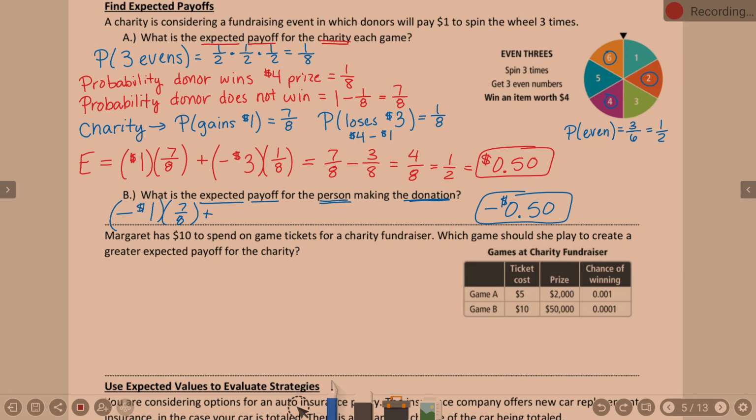I'm winning 4 minus the one I paid, so $3, and my chance of winning is 1/8. Does that proof help you out there? I had some confused looks, you weren't believing me, I could tell. So there's your proof. Take what we did earlier and just reverse it.